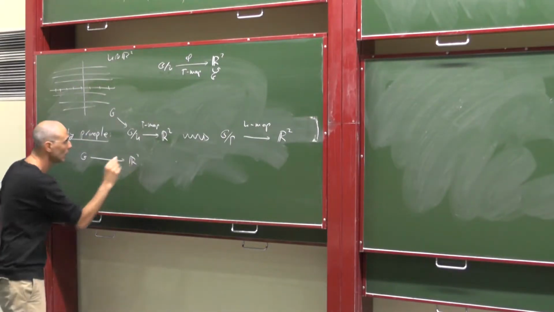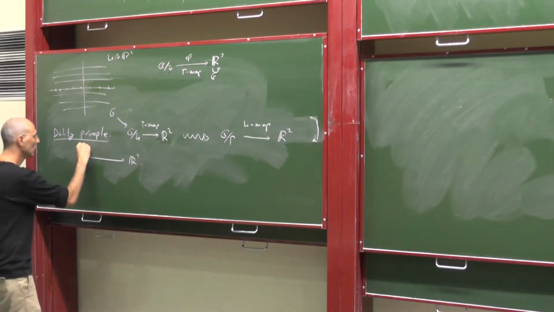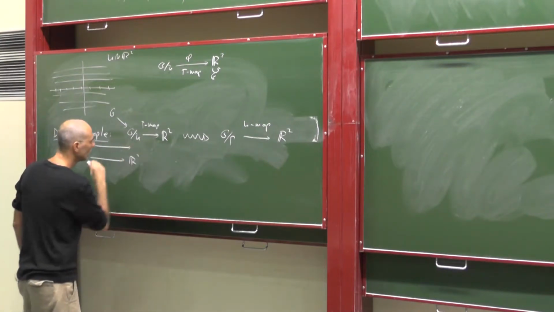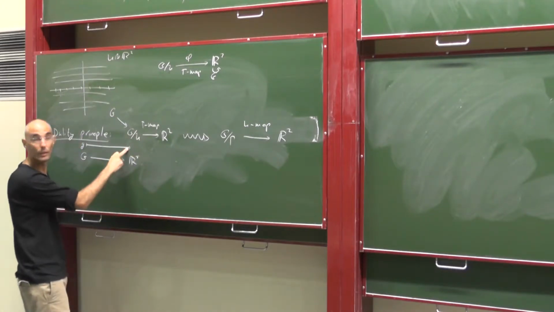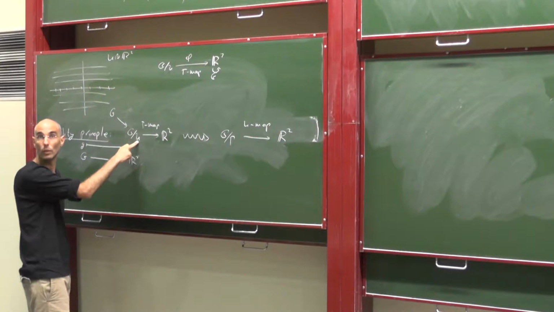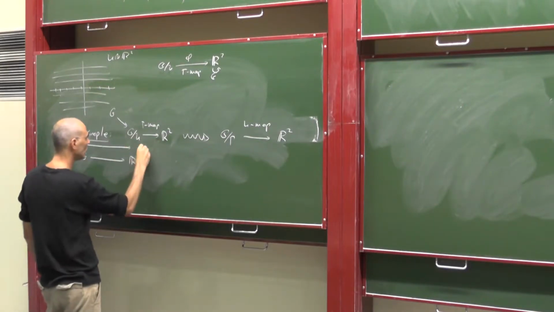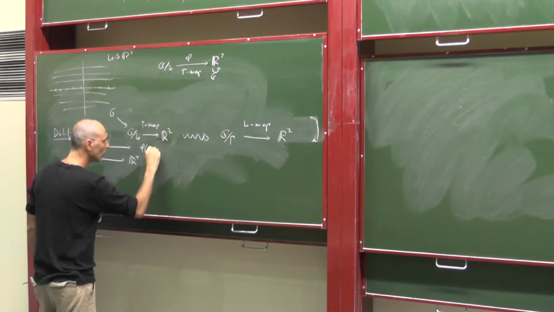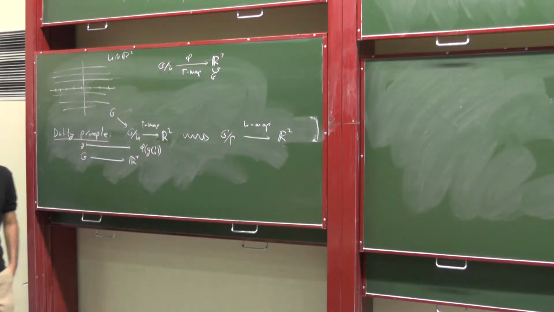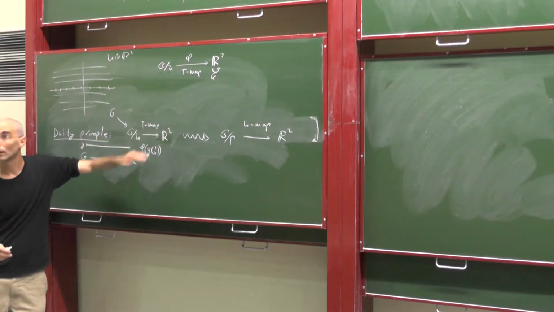G goes to, if you think of it, the orbit map, and U is the stabilizer of (1,0), as we discussed. So this is phi of g applied to (1,0). This is this map over here.